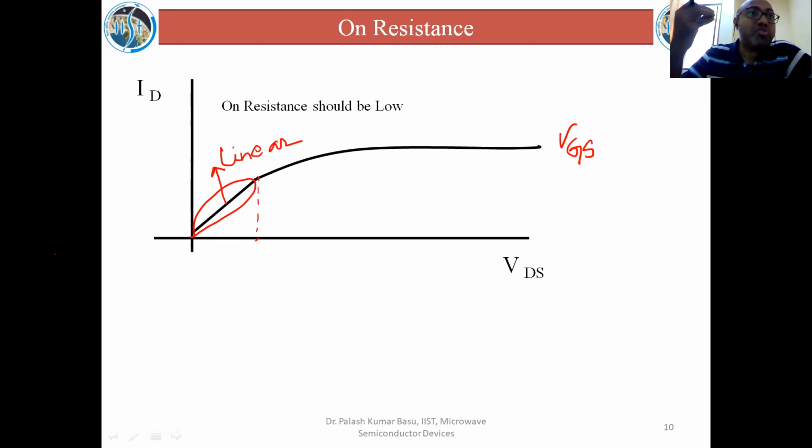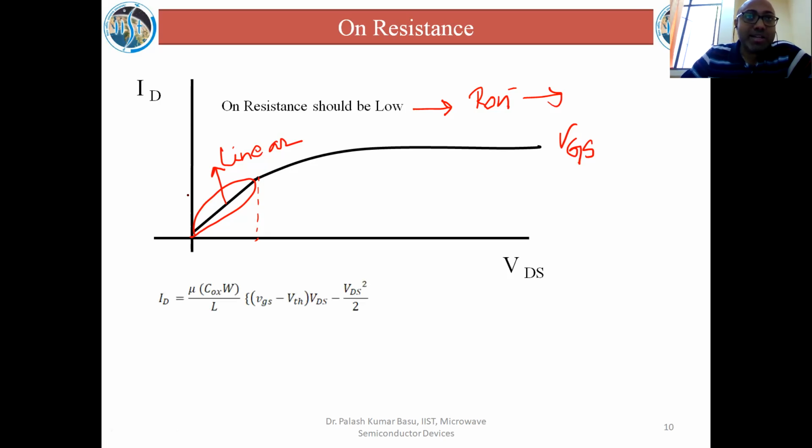And if you want to have a good speed of circuit, your on resistance should be low, right? You know that part. I think someone is actually already studying Dr. Emmanuel Close's RF integrated circuit course. So you know that part. This is very important. So my R on should be low.